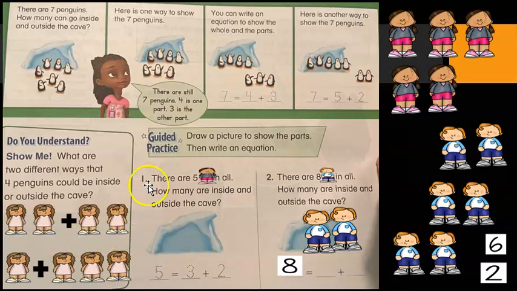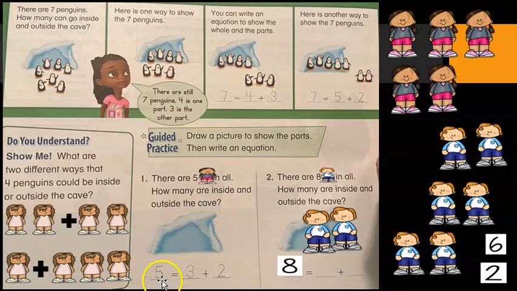Now let's look right here. Number 1. It says, read with Mr. Begay. There are 5 girls in all. How many girls? 5 girls. Now it says here, how many are inside and outside the cave? Now look, first graders, they already solved the problem for us.